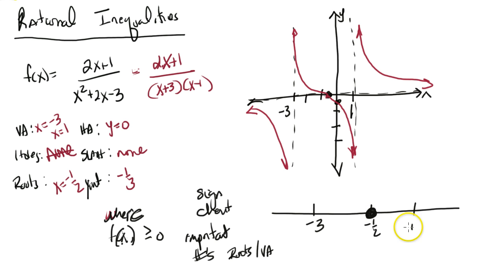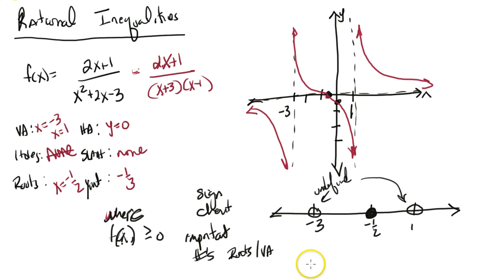It's guaranteed, it's on the x-axis. But my negative 3 and 1 are open because those are verticals. They're open because that's where the function is undefined. So this is solid, those are open.